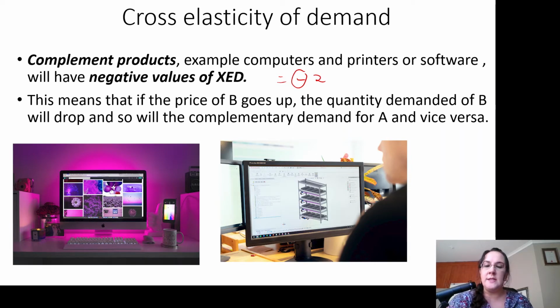Further on, it says this means that if the price of B goes up, the quantity demanded of B will drop, and so will the complementary demand for A, and vice versa.